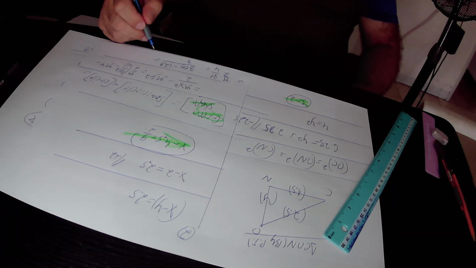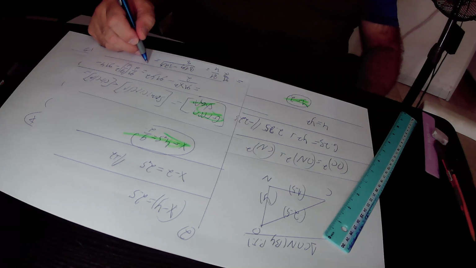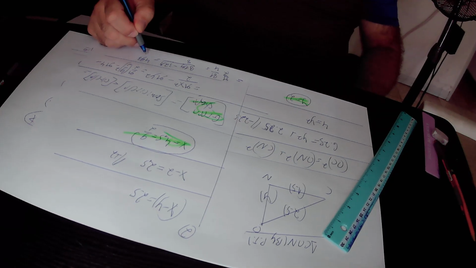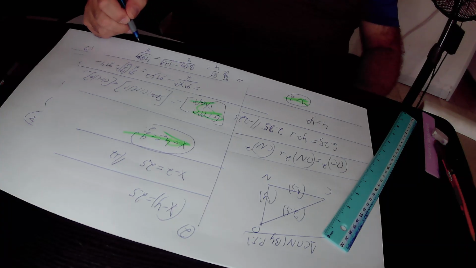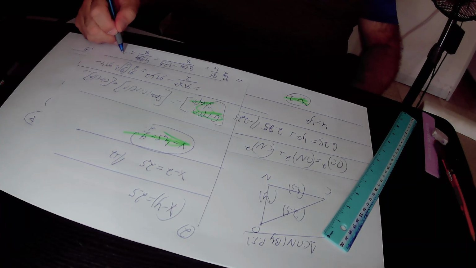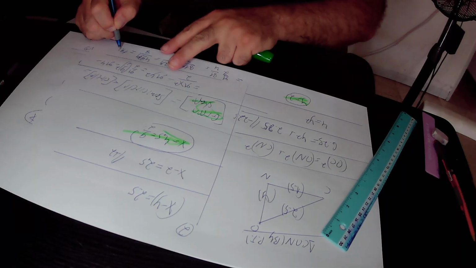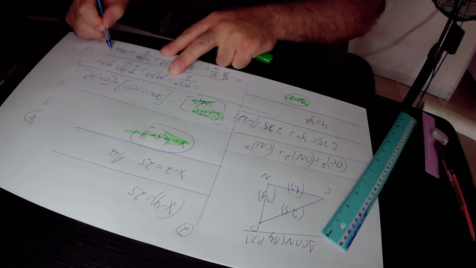So 81 pi minus 32 pi is 49 pi divided by 8. 49 pi over 8 is 19.24 square units.